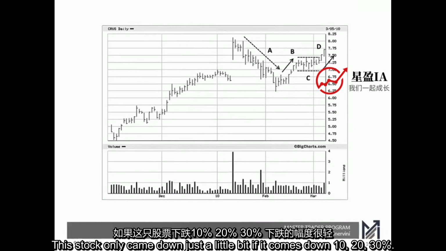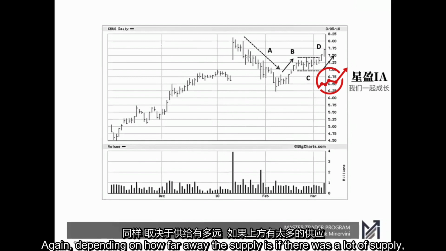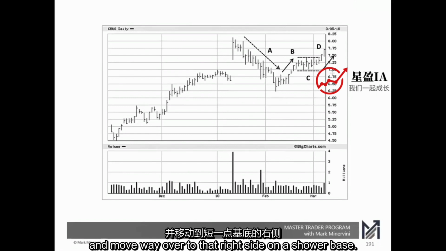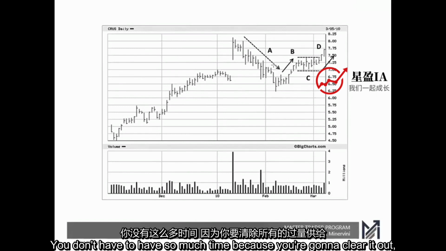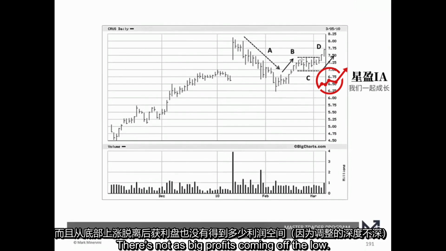This stock only came down just a little bit. If it comes down 10, 20, 30%, that's fine. And again, depending on how far away the supply is. If there was a lot of supply, you'd now have to have a big base to clear out that supply and move way over to that right side. On a shallower base, you don't have to have so much time, because you don't have as many trapped buyers, and there's not as big profits coming off the low.